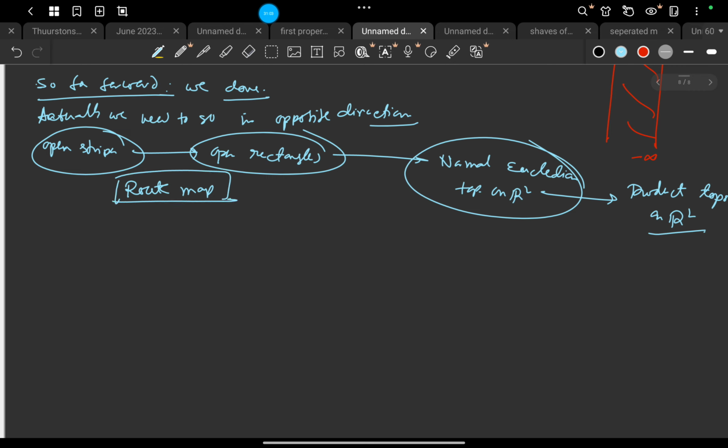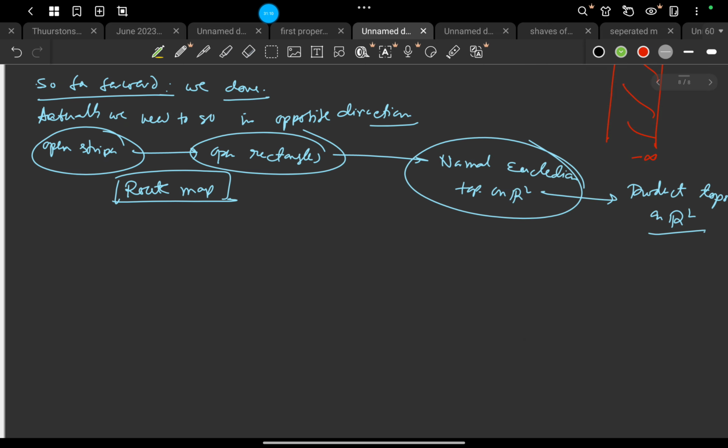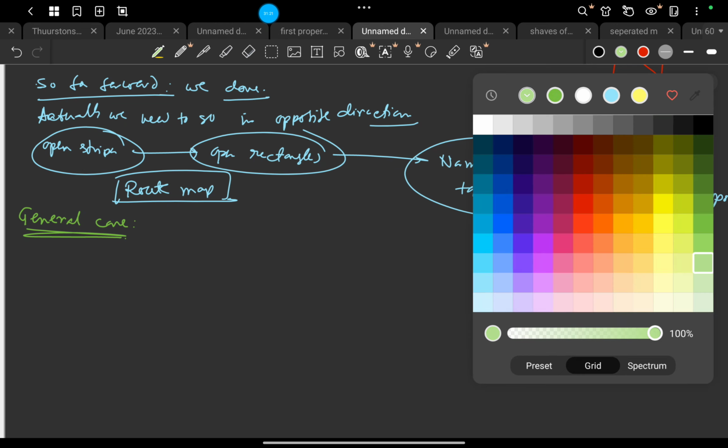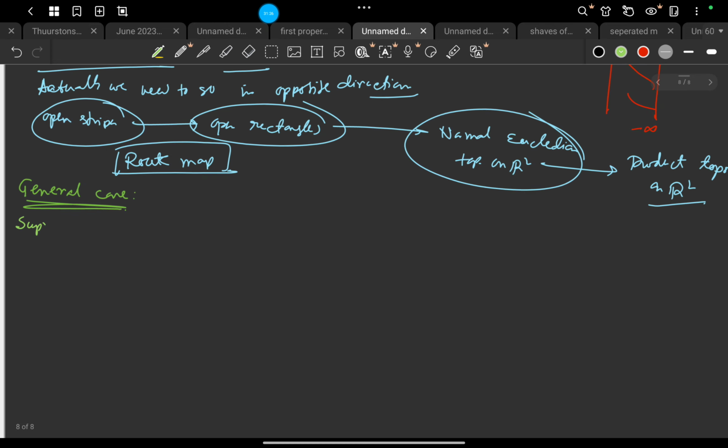So now the general case. Suppose we consider (X1, tau 1) and (X2, tau 2), these two topological spaces.